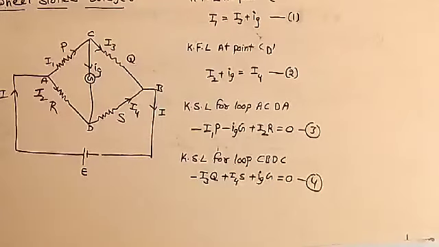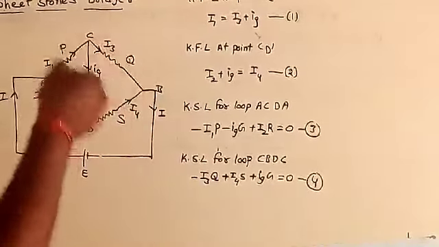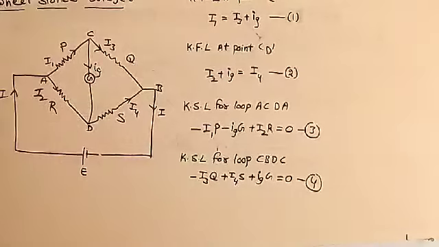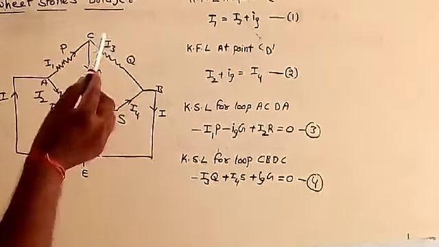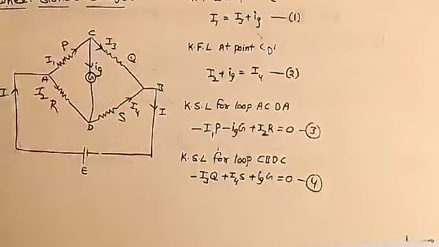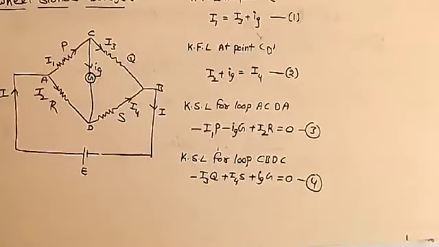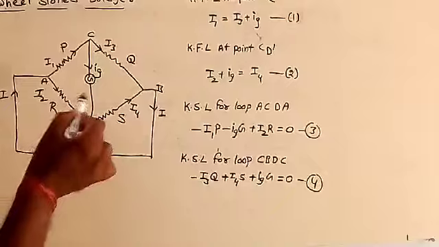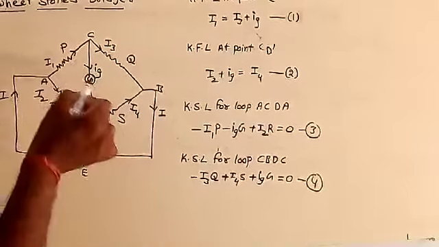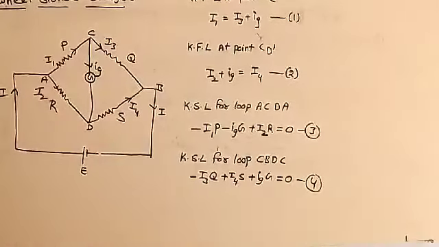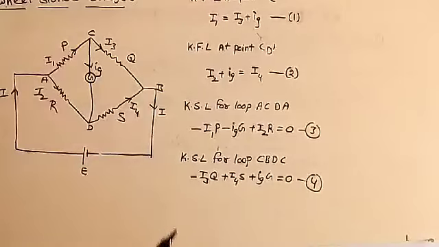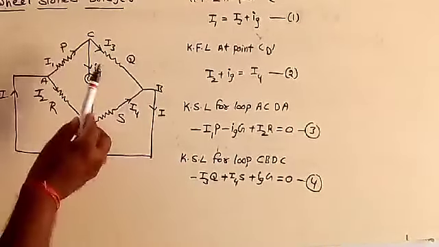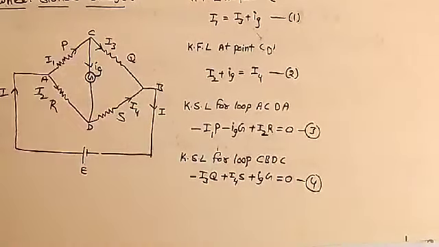If the resistors are balanced, then only the potentials at point C and point D have the same value. At that condition, if both potentials are the same, then there is no passage of current through the galvanometer. Then the galvanometer shows null deflection. Null deflection means the value of current Ig will be 0.